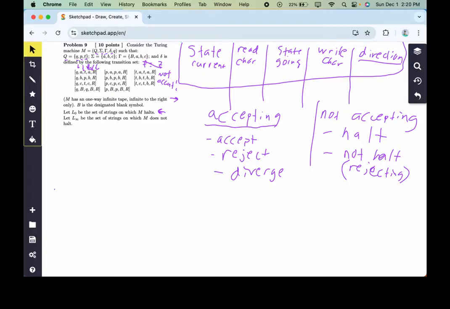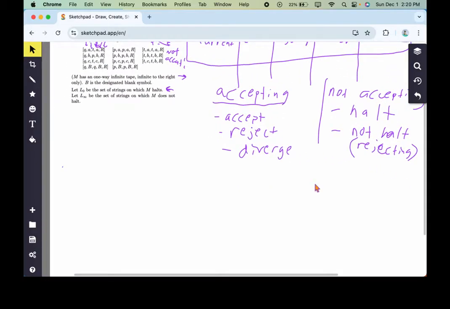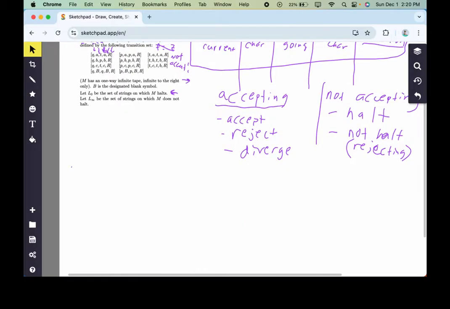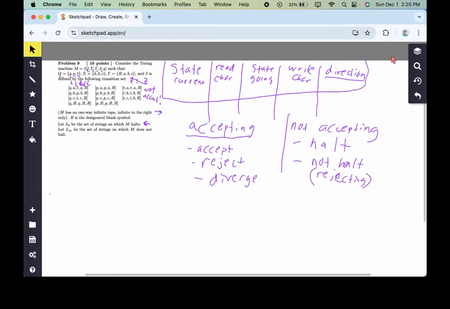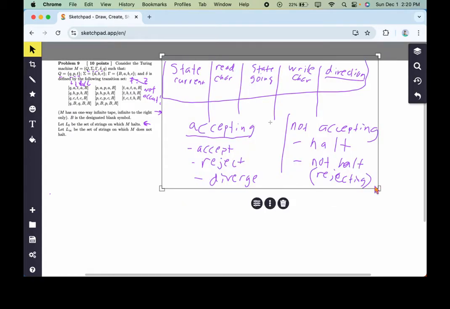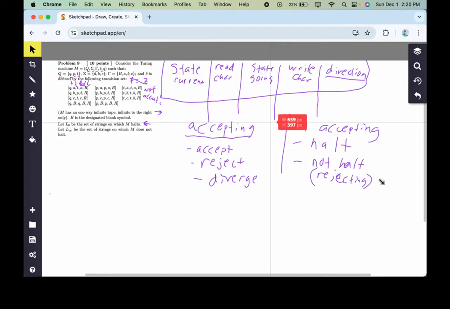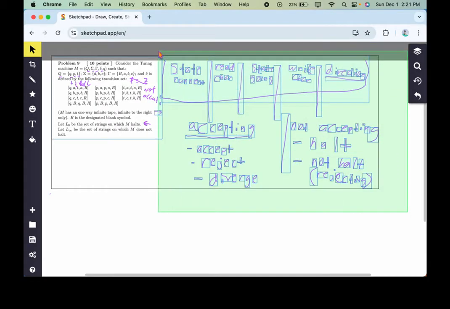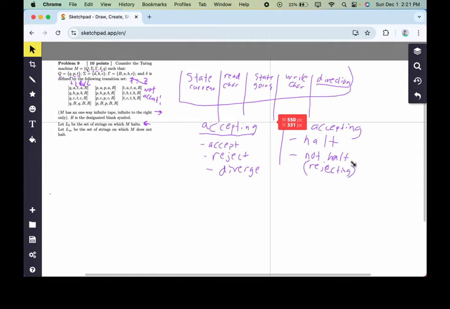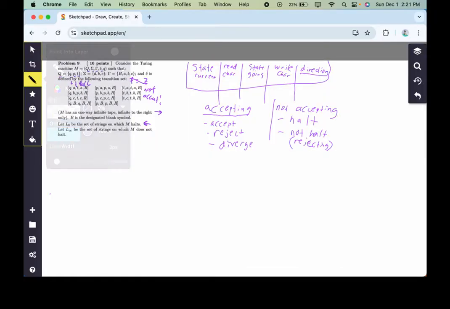So just some context, since that's also an often popular question as well. All right, with that being said, we want to see the ones in which M halts and which M does not halt. All right, when we think about halting, right, this is essentially where we're going to be diverging.